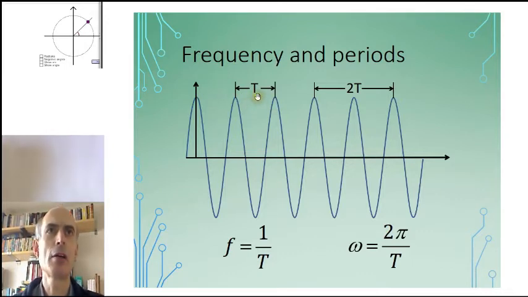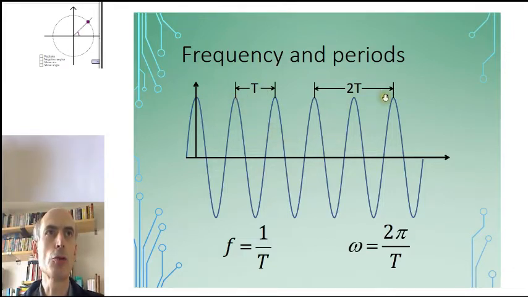In this case here, I've labelled it as T. This means that if the waveform has any particular value at any particular point, if I move capital T forward in time to there, the waveform would have exactly the same value. And that would be true no matter where I start on the waveform. I move forward in time by T, and it has exactly the same value. And T, the period, is the minimum possible time for which that is true.